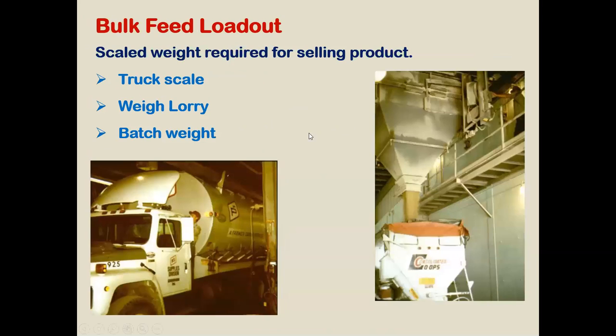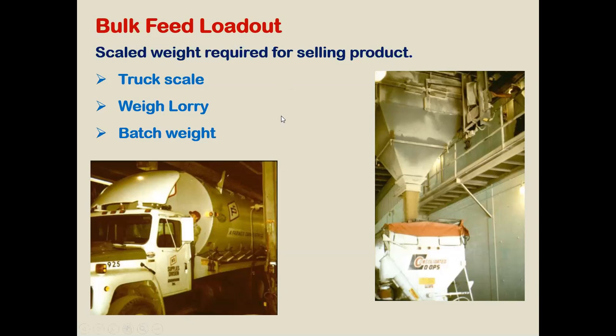accordingly. Here you can see the bulk feed load out, how we can load and unload the bulk feed. So there are different ways we can sell our product, and a weighing scale must be there while we are transporting the material.